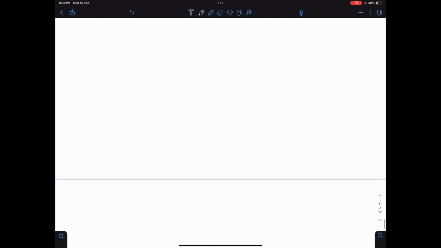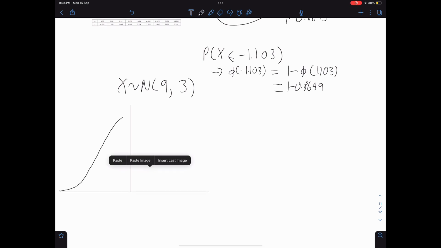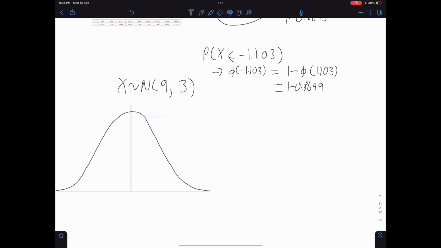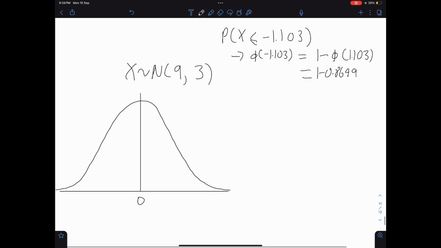So if I draw up axes here, this is a horrible drawing, by the way, and we're saying this is a standard normal, that's 0. I've made the same mistake that I told you guys not to make. The parameters for a normal distribution are the mean and the variance, but I very foolishly just did it as a standard deviation.